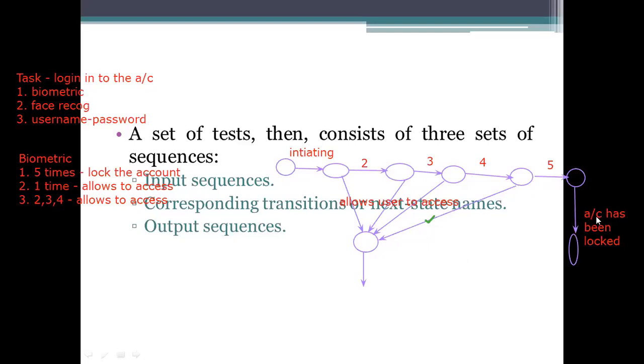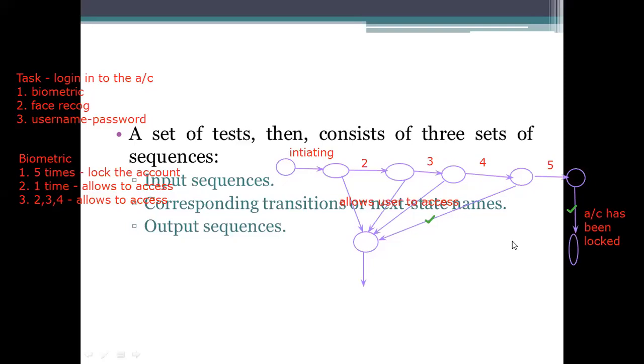Also, I want to check whether this transition is working or not. If it is working, what do I have to do? I need to fail this 5 times. What are the ways I can use? I can use wrong inputs, or I can not place my fingertip or finger on the sensor correctly.